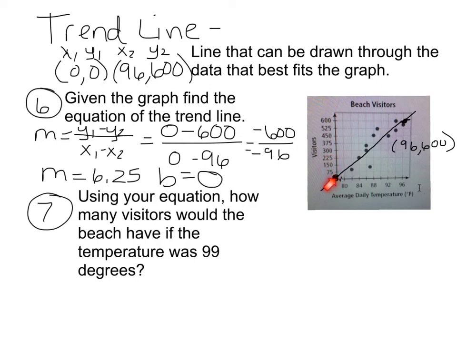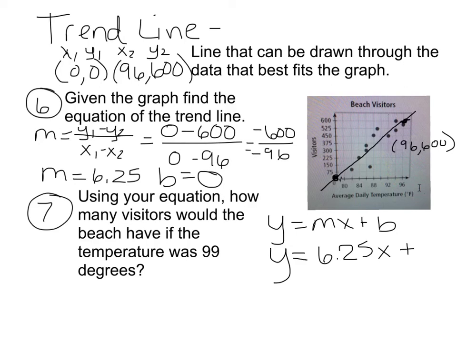I picked 0, 0 because it crossed there, and then we picked up here because it crossed in the corner of a box. Then we're just going to write our equation from there. Remember, y equals mx plus b, where m and b are your slope and y-intercept. So y equals 6.25x plus 0, and there's your equation. You leave the y and x there.